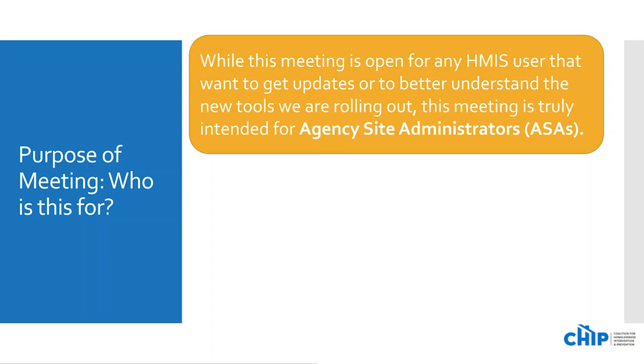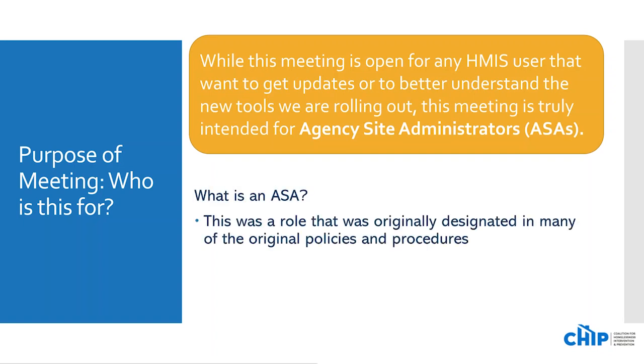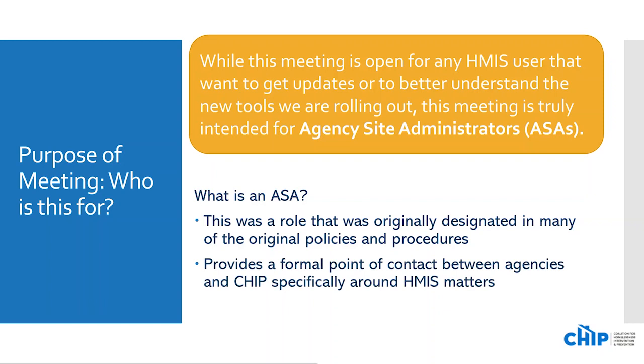the pool of agency site administrators. So the agency site administrators, the ASAs, it was a role originally designated in our original policies and procedures. So if you look back on some of the documentation that your organization might have signed years ago, this was originally a role that was supposed to be filled and maintained, and effectively this person is a formal point of contact between agencies and CHIP, specifically around HMIS matters.